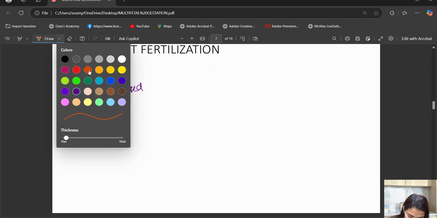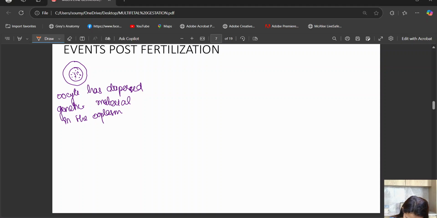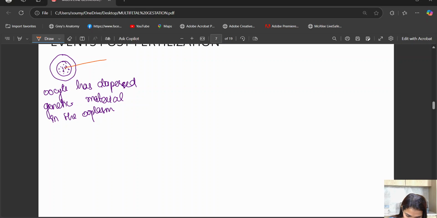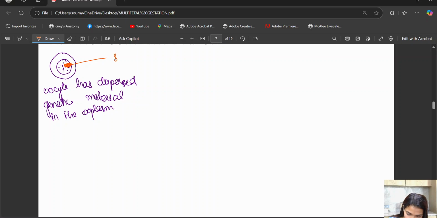Now, a sperm. This is a sperm. Now, the sperm is fertilizing the oocyte.